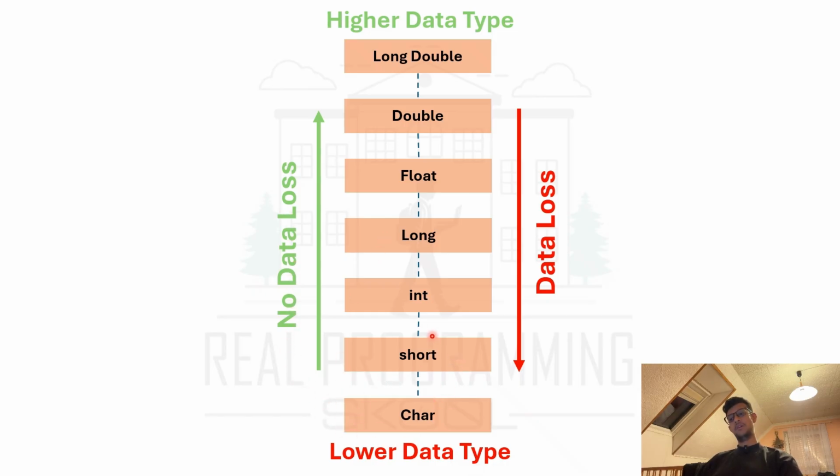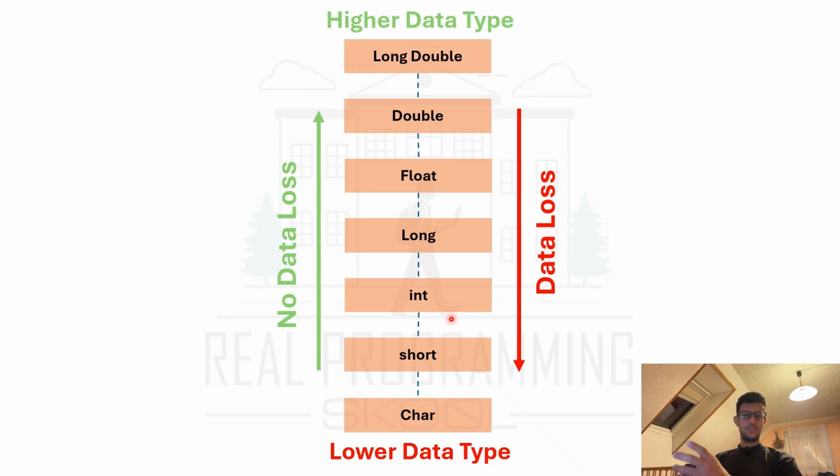If I store 32,000 in a short integer variable, which if signed starts from negative 32,000 to positive 32,000, and if unsigned is from 0 to 65,000, and I convert it to the standard integer data type, I will not lose any data, because the standard integer holds more than 32,000.